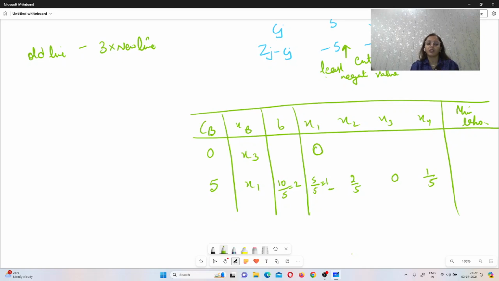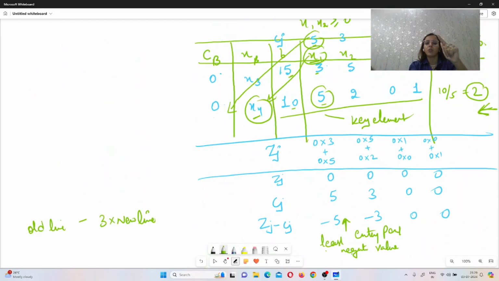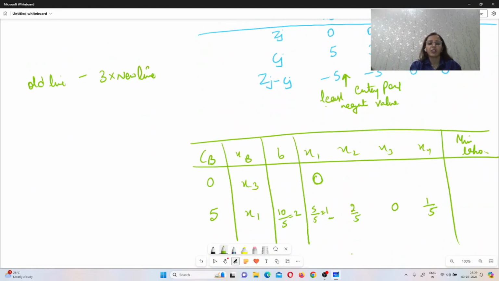So how will this 0 come up? Just write down the old line. What is the old line over here? Just check it properly. All the old values, 15, 3, 5, 1, 0. So write it over here, 15, 3, 5, 1, 0. This is your working note basically, or on the side we can do it.